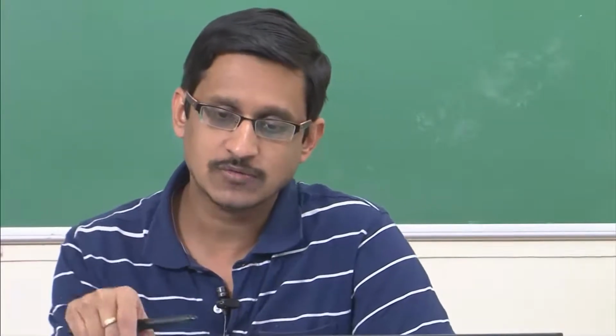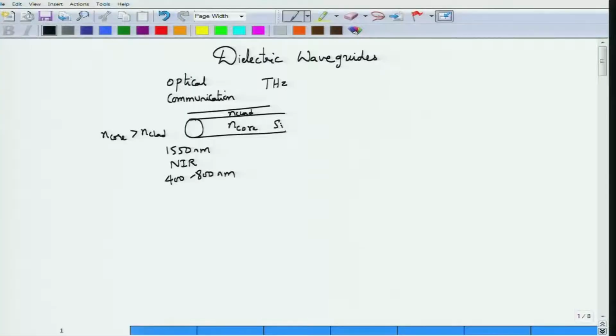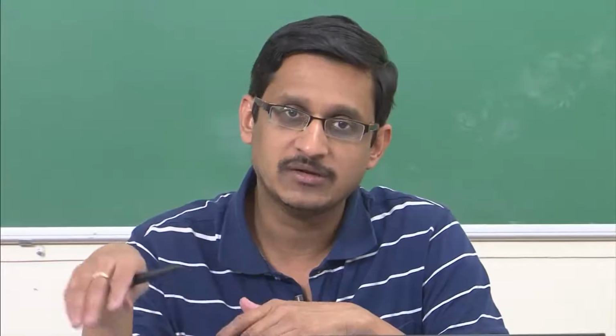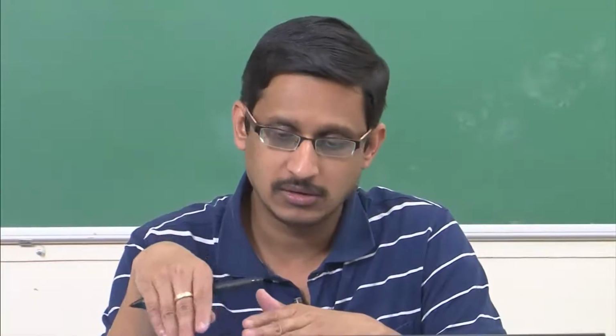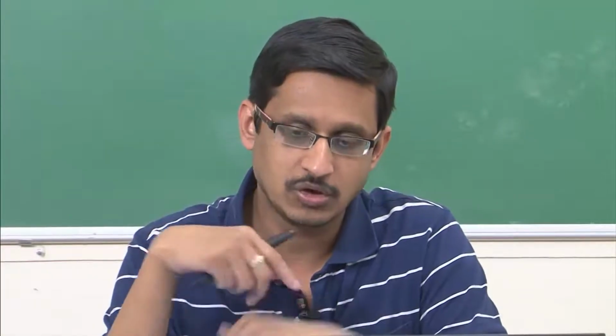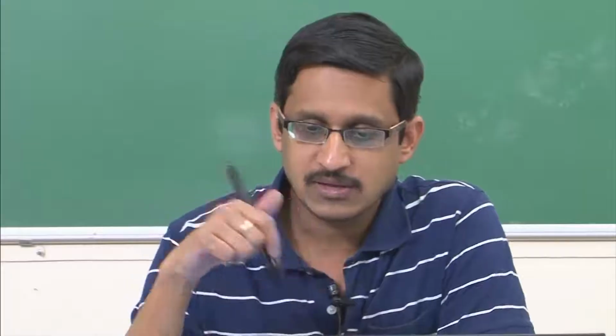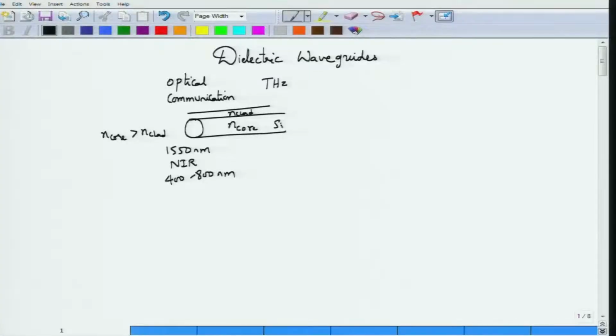The dimensions of those waveguides are chosen so that they carry electromagnetic energy in the same region, say the 1550 nanometer region, or some other region depending on the wavelength you want. But the essential point is that they are not kilometers long; they are quite small and occupy a small region of the chip. There are different types of dielectric waveguides.